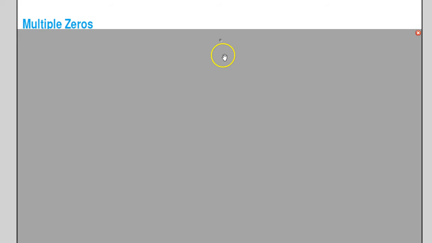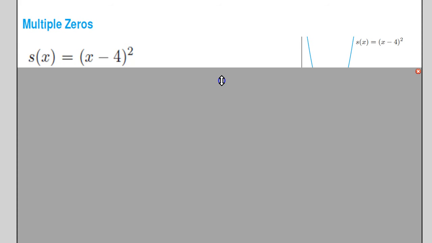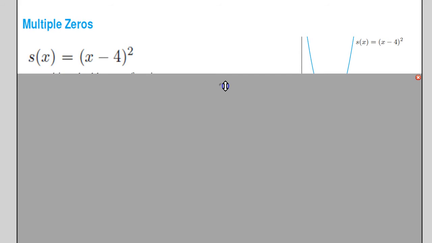Okay, so there's another term we're going to introduce. It's the concept of multiple zeros, and we're going to be using this all throughout this course as well as when you get into calculus. So here we have a polynomial function, and it also looks like a power function with a horizontal shift.